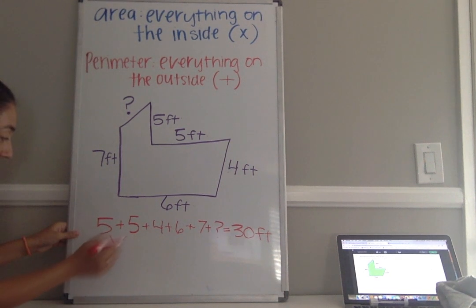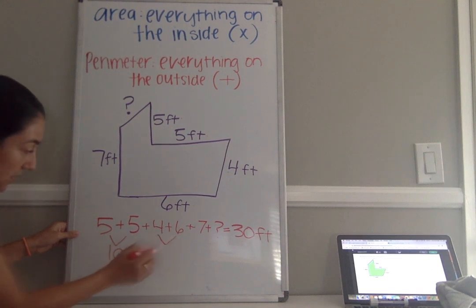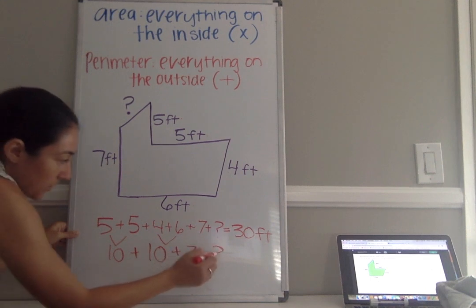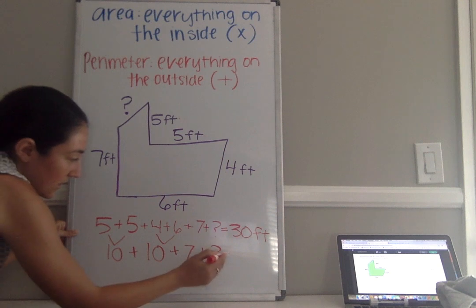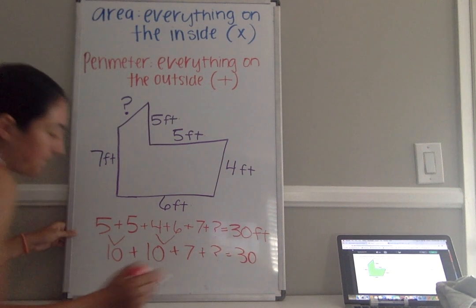When I add together, 5 plus 5 is 10, 4 plus 6 is also 10, plus 7 equals question mark, plus question mark equals 30.